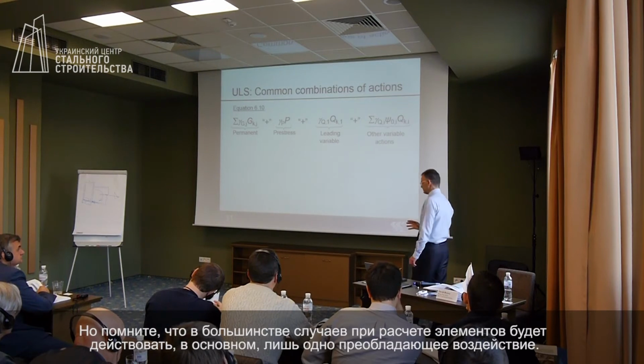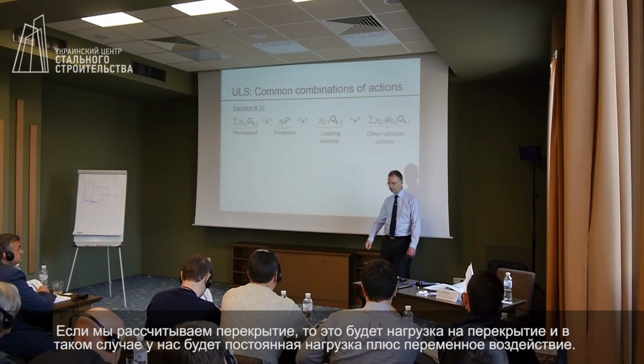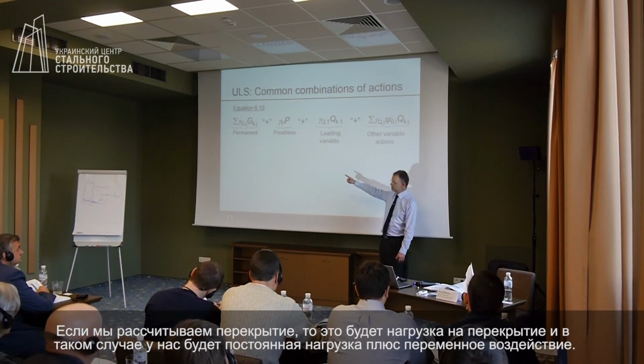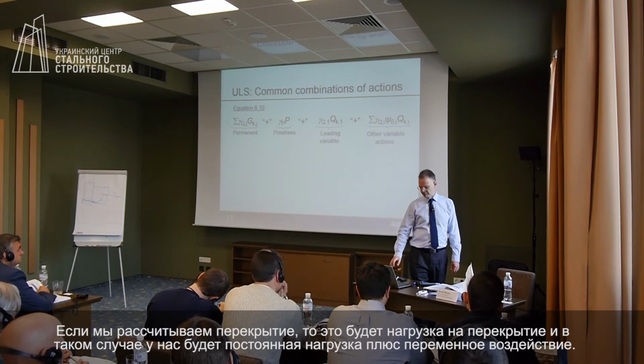Remember, most of the time, in many of the things that we design, we only have one leading variable action, because we're interested in perhaps the load on the floor or the load on a roof. And therefore, our expression is limited to the permanent actions plus the variable action.